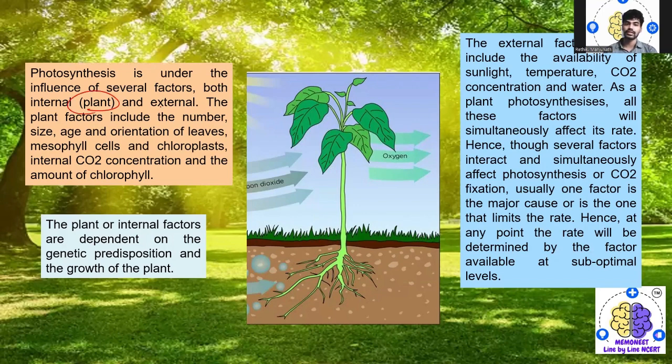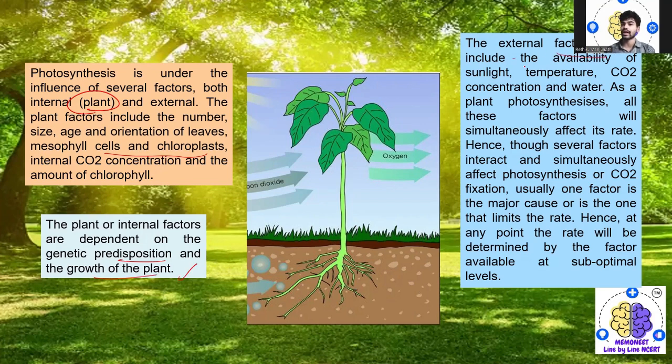The plant factors include the number and size of leaves, age, the orientation and arrangement of the leaves, mesophyll cells, chloroplast, internal CO2 concentration and the amount of chlorophyll which is present. Then the internal factors are dependent on the genetic predisposition and the growth of the plant also.